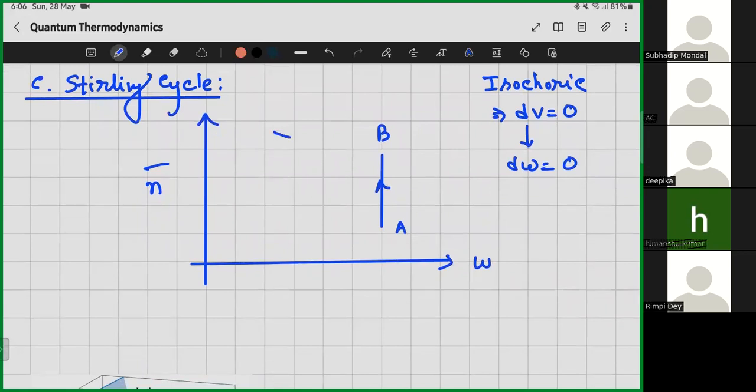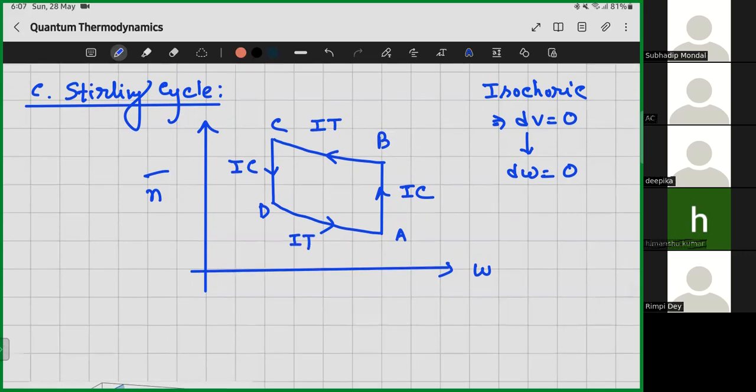Then this is isothermal to C, then again isochoric. This is our quantum Stirling cycle.